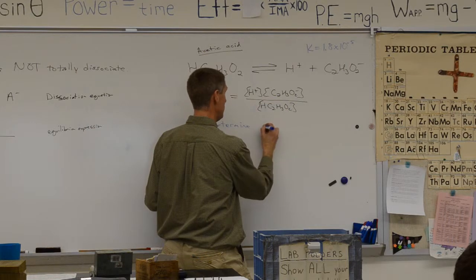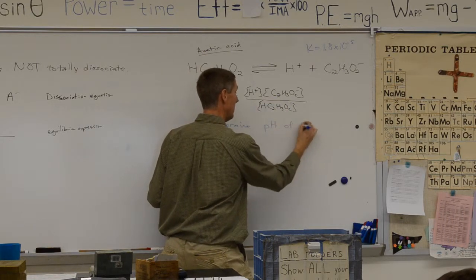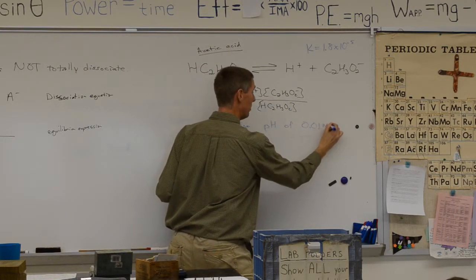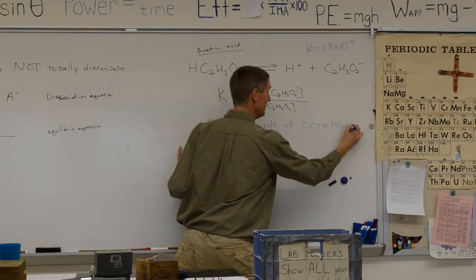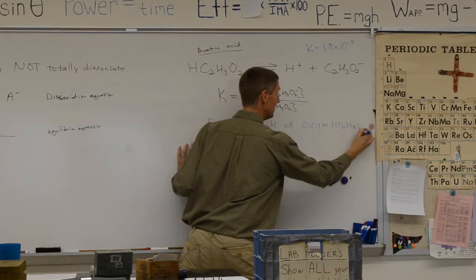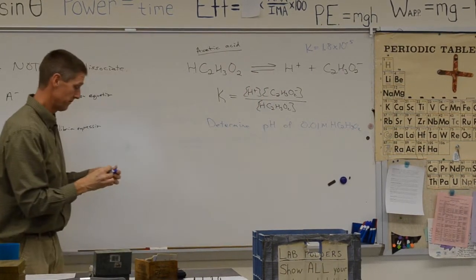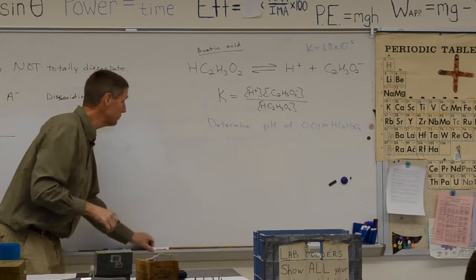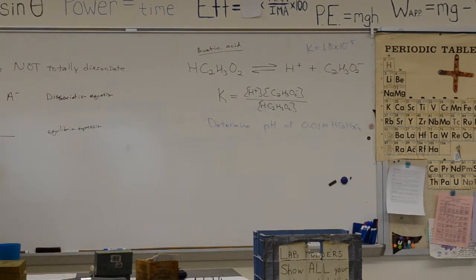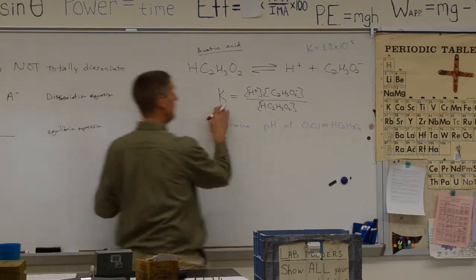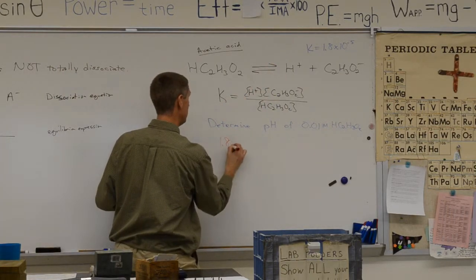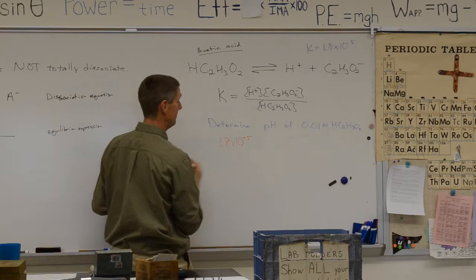So let's determine the pH of 0.01 molar acetic acid. All right? Well, here's what we're going to do. We're going to take our equilibrium expression and we're going to plug in the values that we know and the values that we don't know. Okay? Well, we know the K is 1.8 times 10 to the negative fifth.